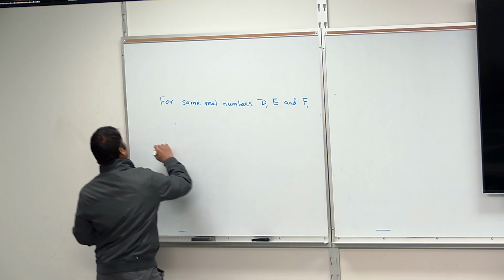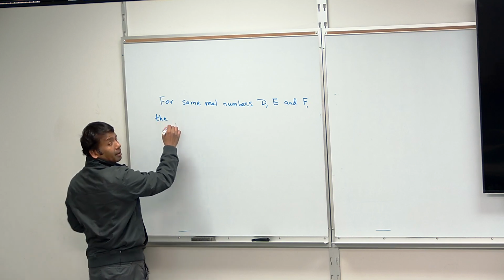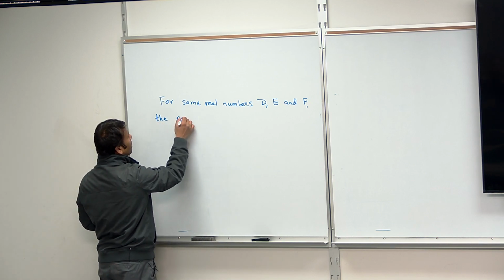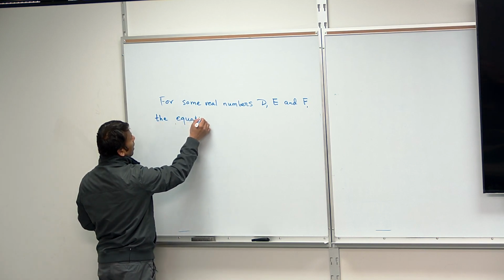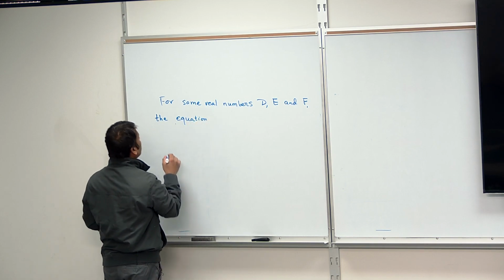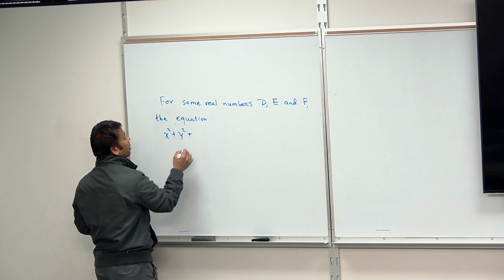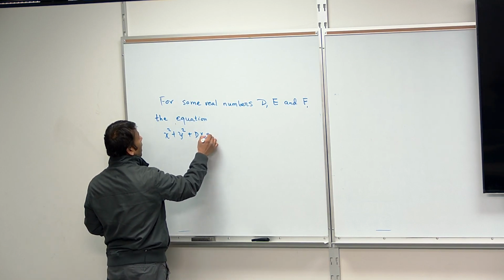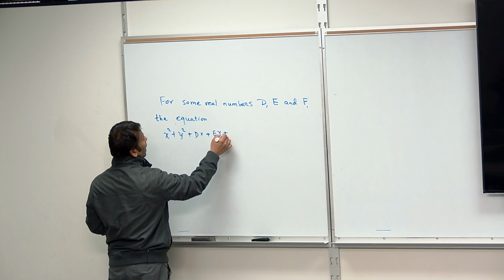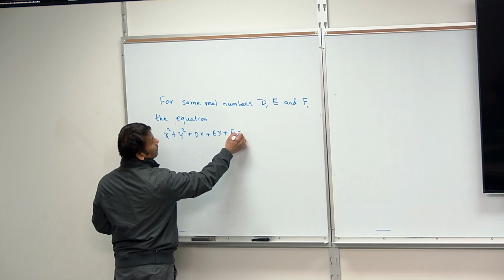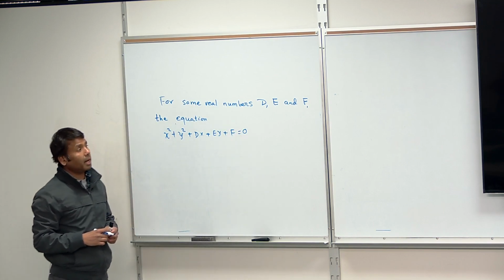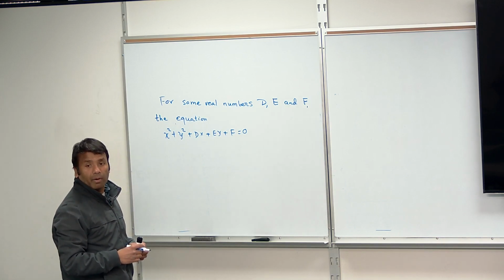The equation x square plus y square plus dx plus ey plus f equal to 0, right? Can it have a graph?